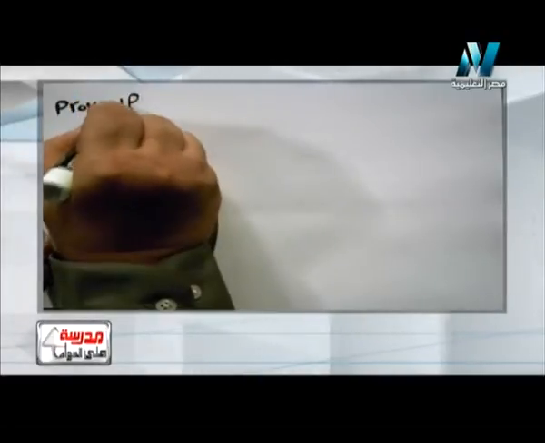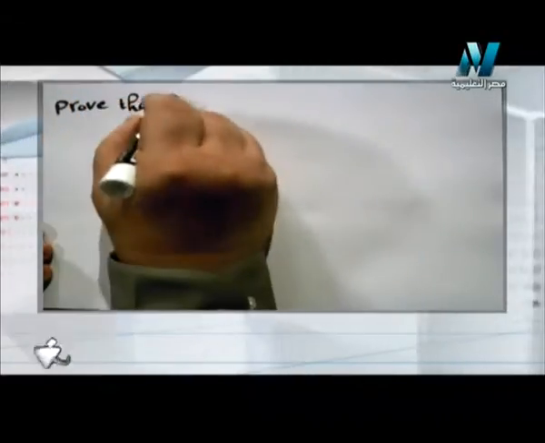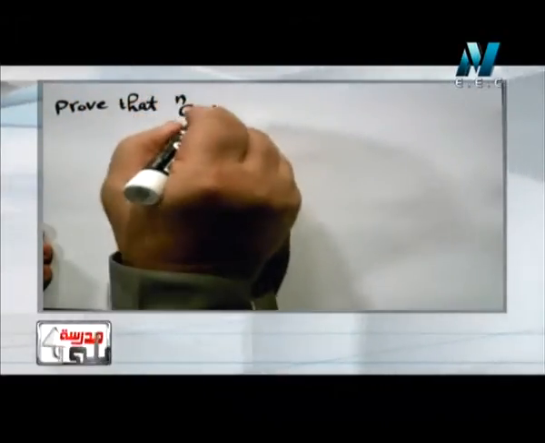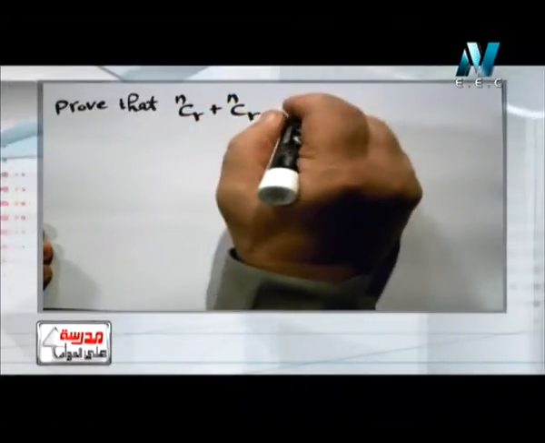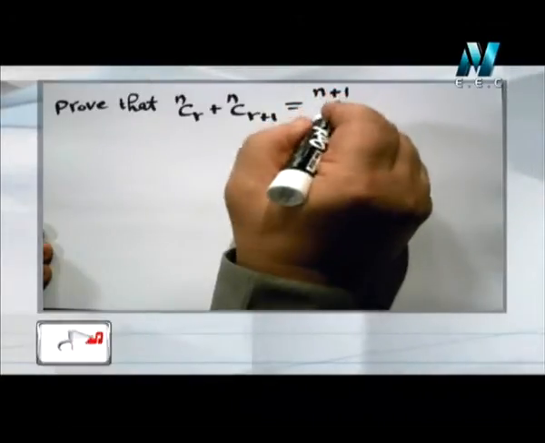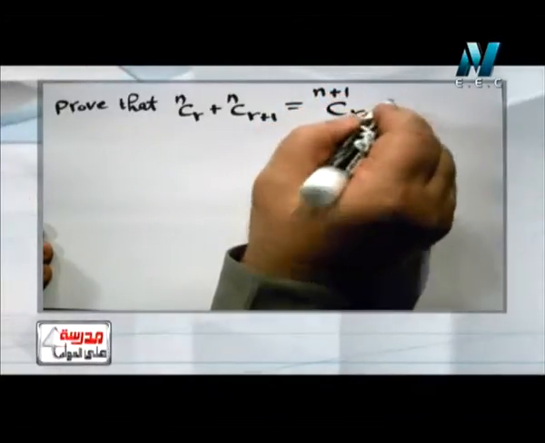We have two requirements here. Let's start with the proof first, then take the requirements. Prove that NCR plus NCR plus 1 equals n plus 1 CR plus 1.